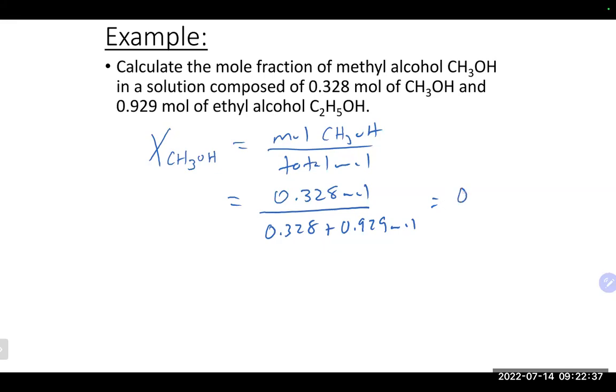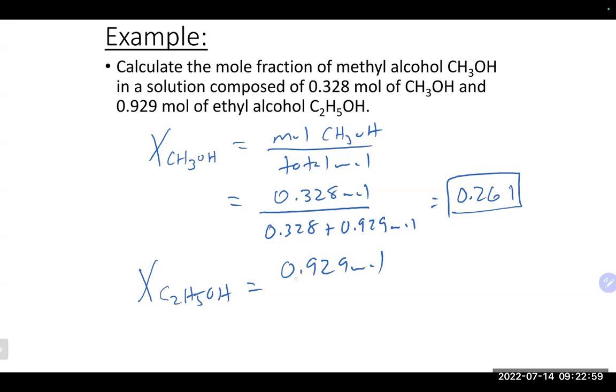So we'll take that, and once again, here we're not going to multiply by 100, so it's not really a percentage, even though it's sort of like a percentage. That will give us basically 0.261 as our mole fraction there for methanol. We could, if we wanted the ethyl alcohol, do the same calculation, which would be the moles of the ethyl alcohol, 0.929, divided by our total moles.